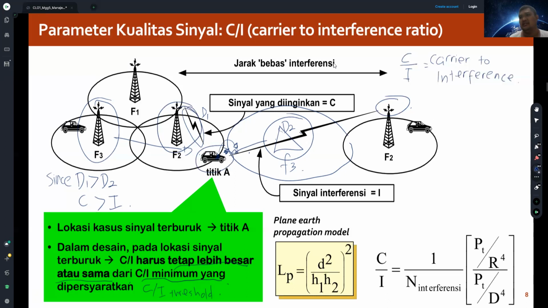And since the loss is monotone to the distance, we can note that the power of the carrier will be equal to the power transmitted divided by the distance. And the same goes for the interference: interference will be affected by the power divided by the distance, right?